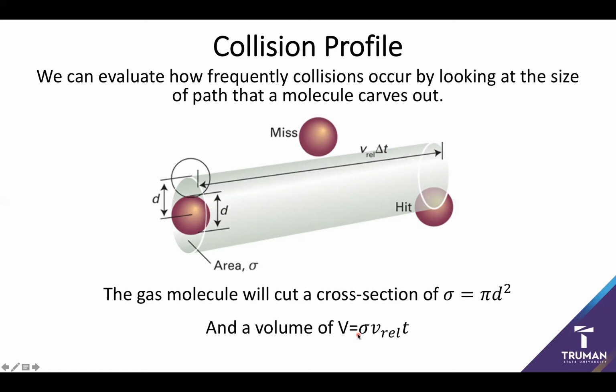This is essentially going to be my area times this distance, which is going to be related to the relative velocity times the time interval I'm looking at. So in a certain time of say 1 second, I'll carve out a volume of the relative velocity times this cross section. So this is actually a fairly useful idea.